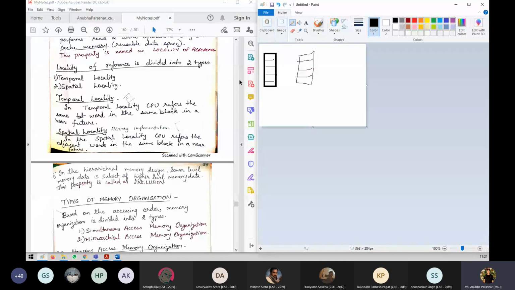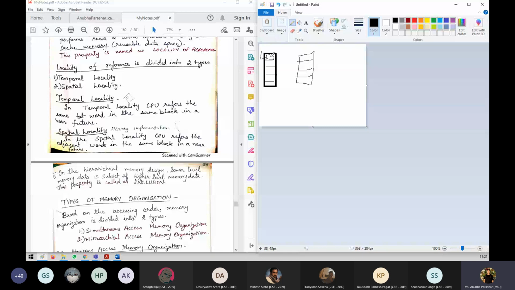Suppose the CPU is referring the memory, cache memory. Now the same word in the same block in the near future. Suppose the CPU has generated this request for the same memory location; it will refer to it. This is temporal, always with respect to time.